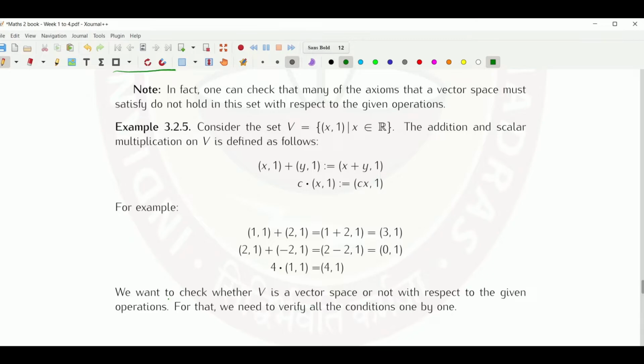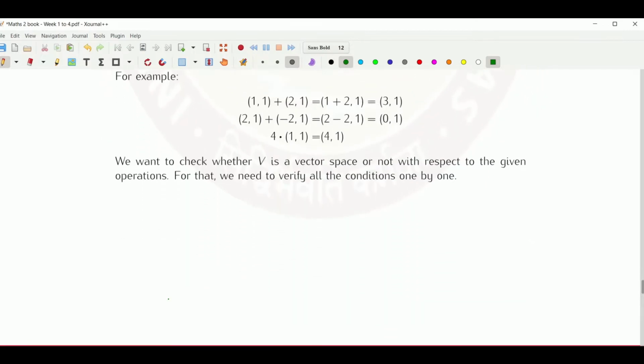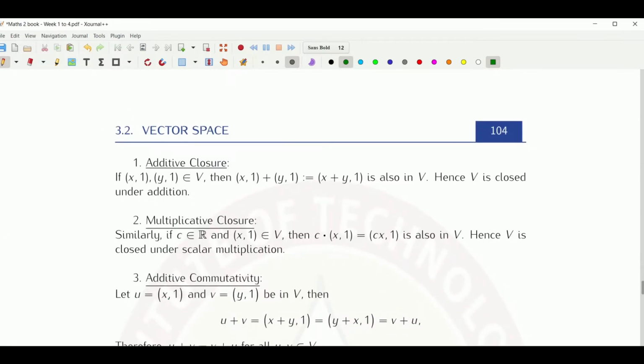We want to check whether V is a vector space or not with respect to the given operations. For that, we need to verify all the conditions one by one. Let's check the additive closure.